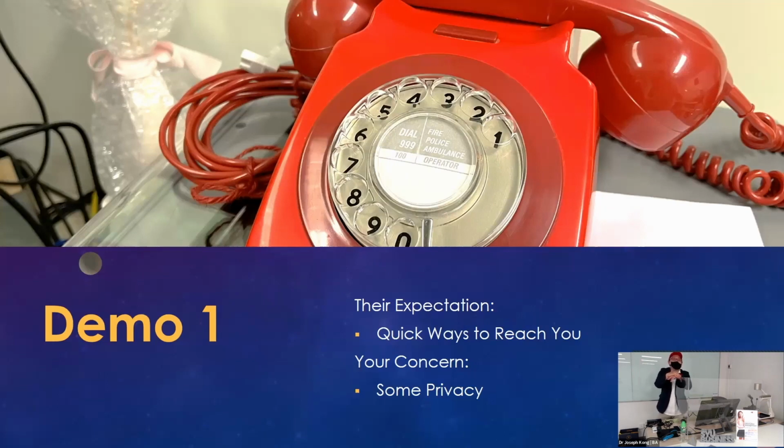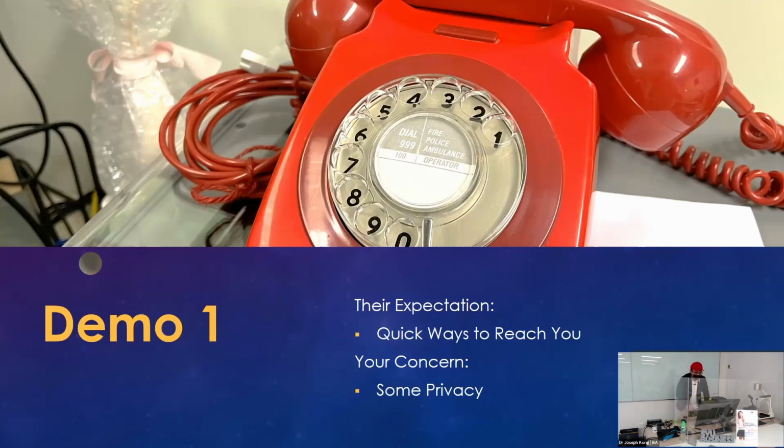You don't want to disclose your mobile phone number to your students, so that, I don't know, at 2 a.m. when you are sleeping, somebody is calling you, reminding you that you need to go to the washroom. You don't want that. So you want some privacy, but at the same time, you want a quick way for your customer to reach you.